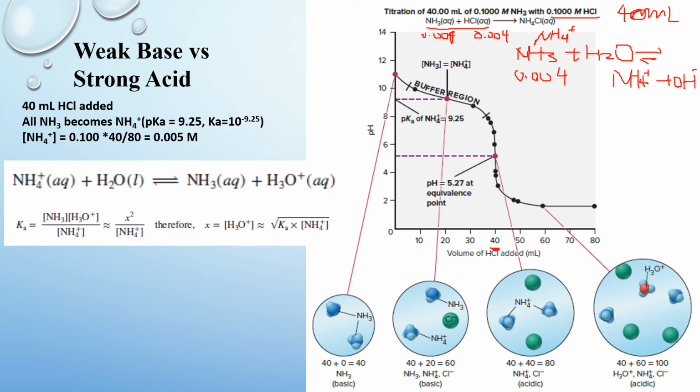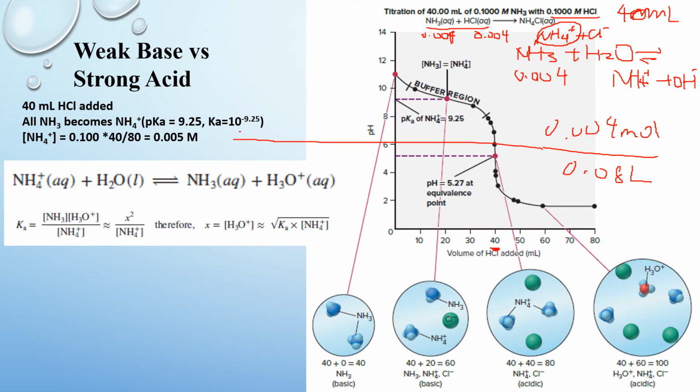All the ammonia has been converted to ammonium, so the ammonium concentration is equal to 0.004 mole over the total volume, which is 40 plus 40 milliliters, 80 milliliters, or 0.08 liter. So the concentration is 0.05. And again, you can use the dilution factor to calculate it. You're going to get the same result.